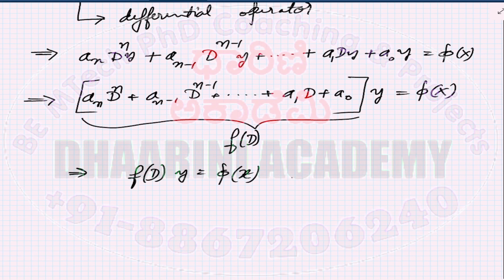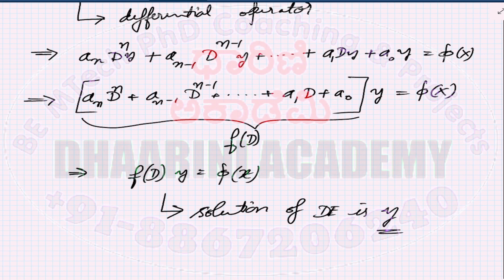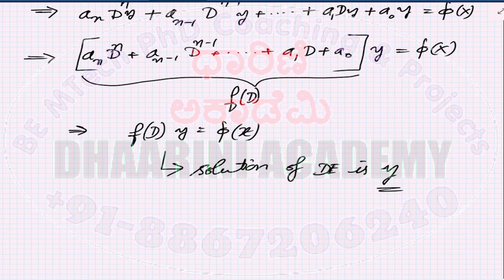So this is the differential equation. We are still in the differential equation itself. The solution of this kind of differential equation is y, the y which I am supposed to find out, that will be the answer.